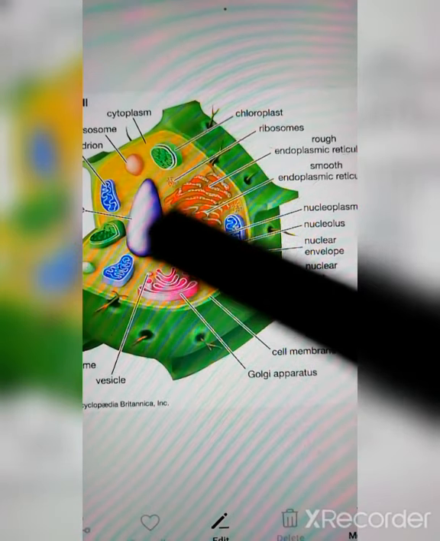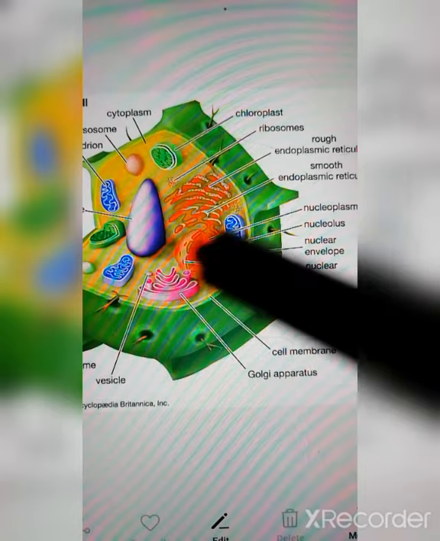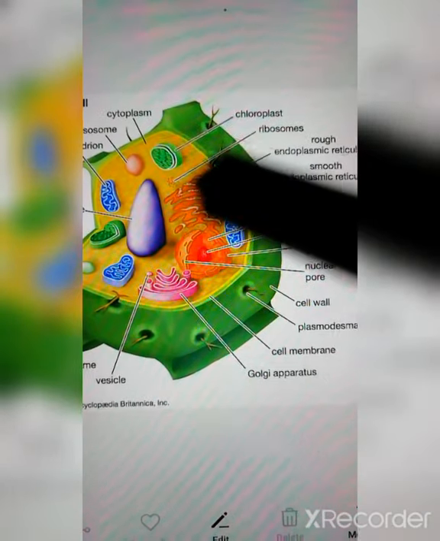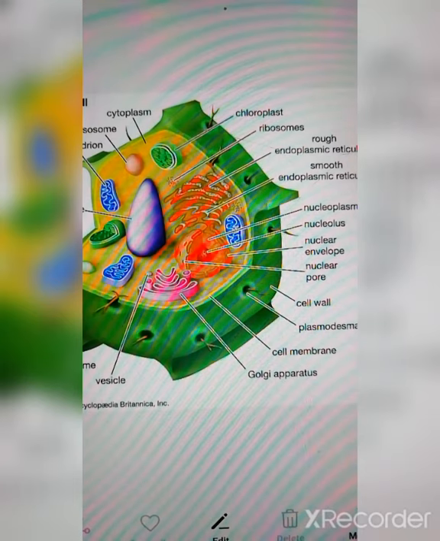Earlier it was thought that cytoplasm is the life fluid of the cell, meaning it plays an important role in the cell. It acts as the life of the cell. That is why it was named protoplasm. The meaning of protoplasm is life fluid.